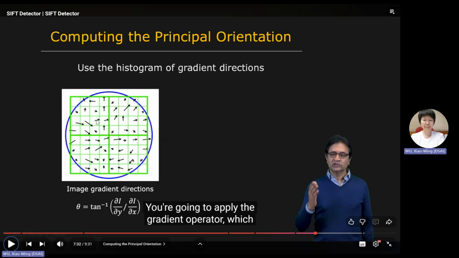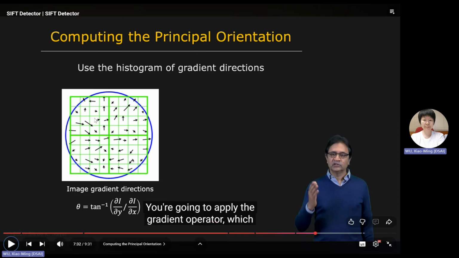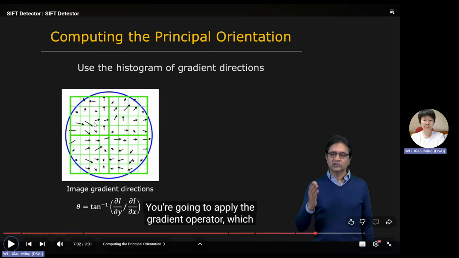The direction or orientation of this arrow is computed using the arctangent of the x derivative and y derivative. And the magnitude, the length of this arrow, is computed by taking the square root of the square of the x derivative and the square of the y derivative.